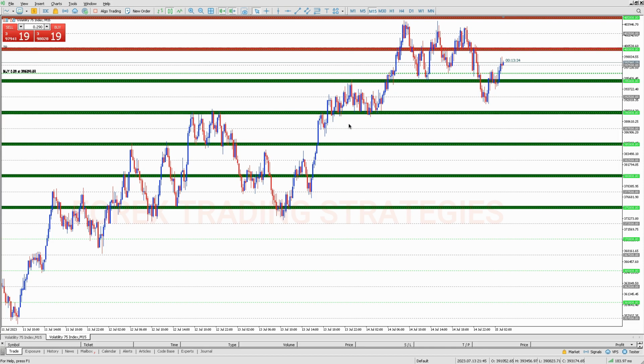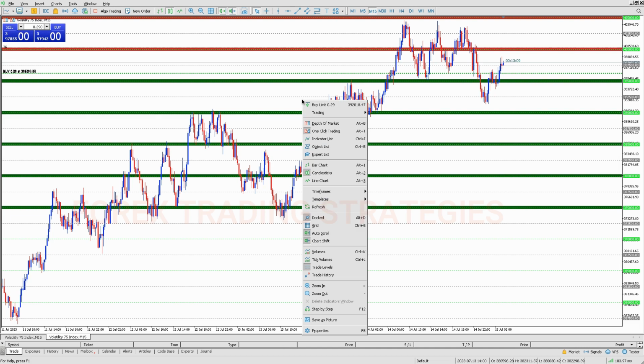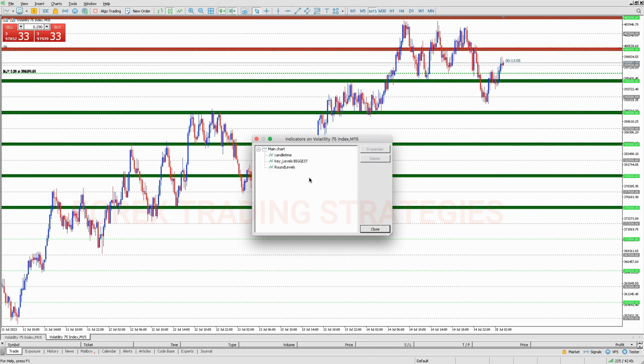So this system is for MetaTrader 5, and if you want to download it, the link will be in the description box below. I'm just going to open up and show you the settings in case you miss the settings in that folder. I think there's a template in there as well, but in case you miss the settings there, let's quickly see the settings that we have.